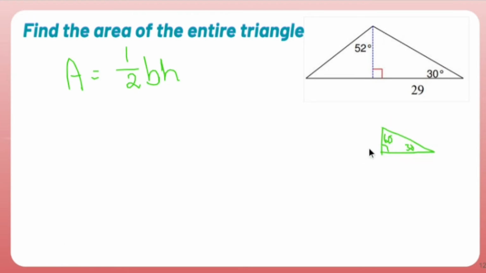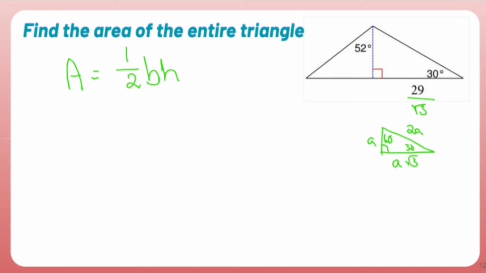I know with 30, 60, 90 triangles, whatever my smallest leg is, my hypotenuse is going to be 2 times that, and my longer leg is going to be that times root 3. So if I'm given the smallest leg, multiply it by root 3 and I get the longer leg. I have the longer leg. So if I want to find this height right here, I'm going to divide by root 3.